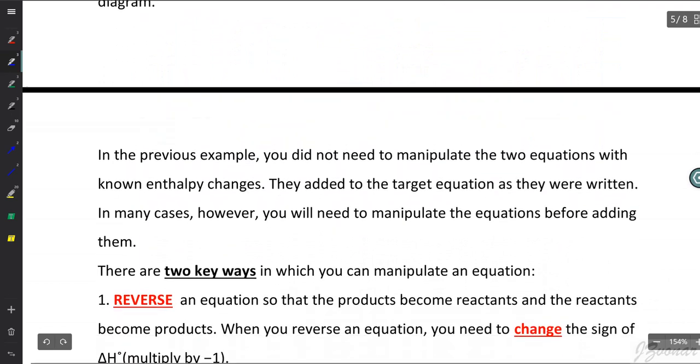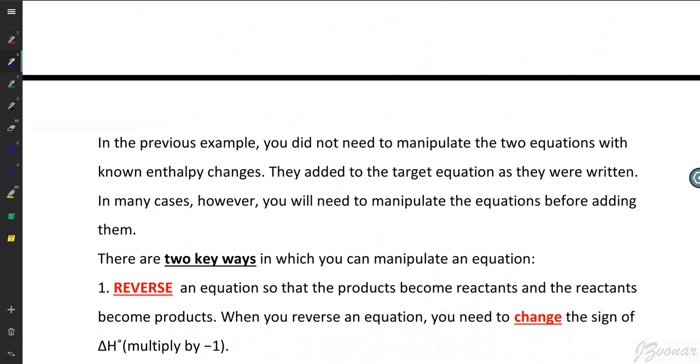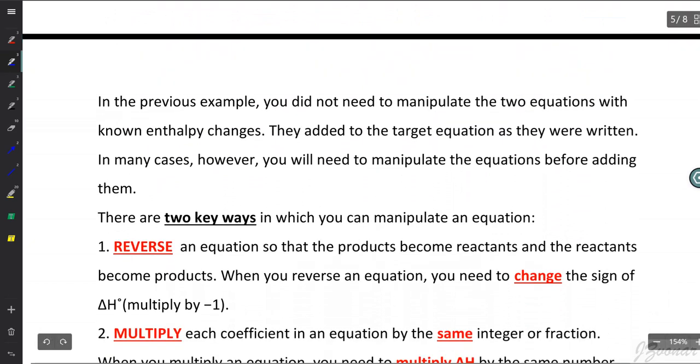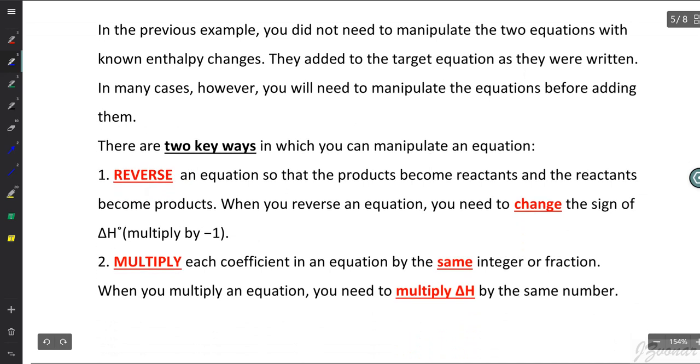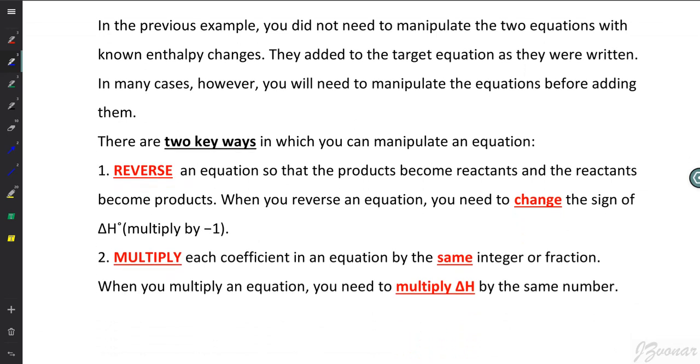So if we look, we didn't really actually have to do very much mathematics in these equations. However, in many cases, we do need to manipulate the equations before we go ahead and add the delta H values. So we need to make sure we remember these two rules.